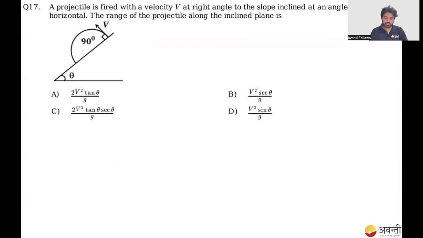Chalo, another good question. Please read the question and then we'll discuss it. Chalo.